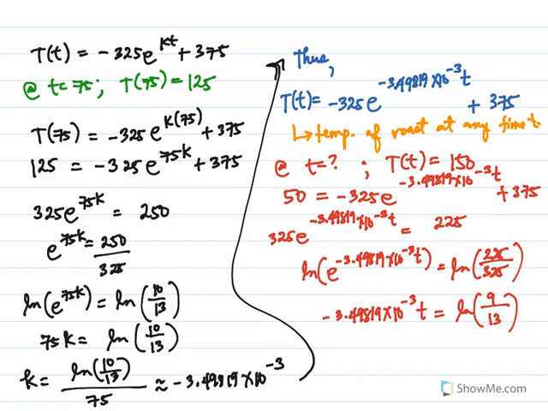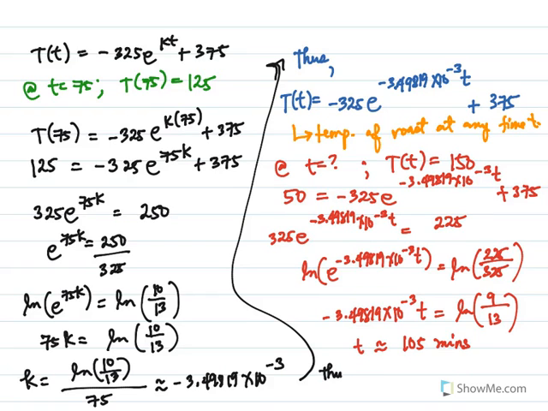So, t is just ln 9 over 13 divided by the negative 3.49819 times 10 to the negative 3. So, you'll be having here t approximately equal to 105 minutes.